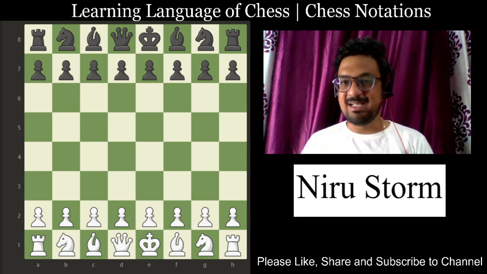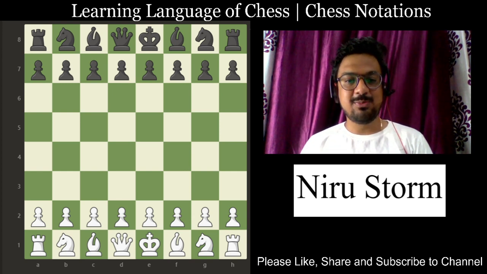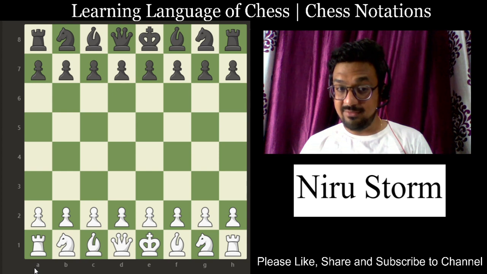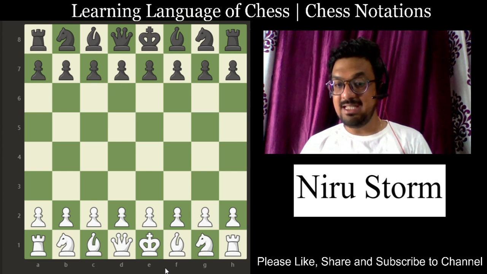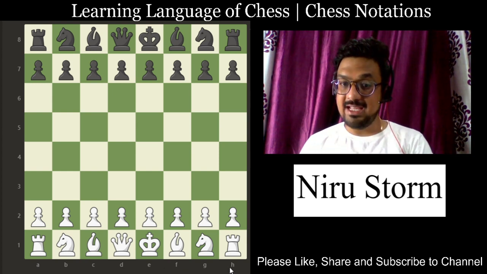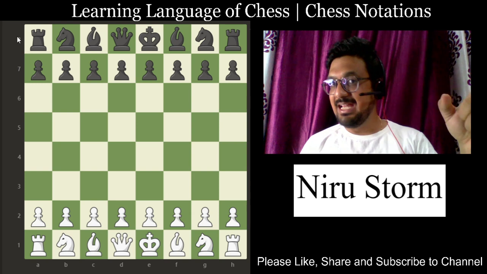So you can see the chessboard on the screen currently, and there are these names written on the bottom of the chessboard starting from A, B, C, D, E, F, G, right towards the H. And then there are these numbers written 1, 2, 3, 4, 5, 6, 7, right towards 8.